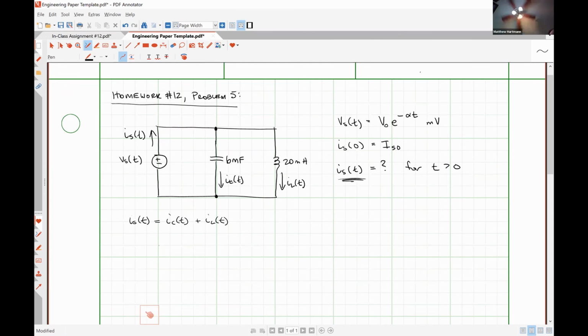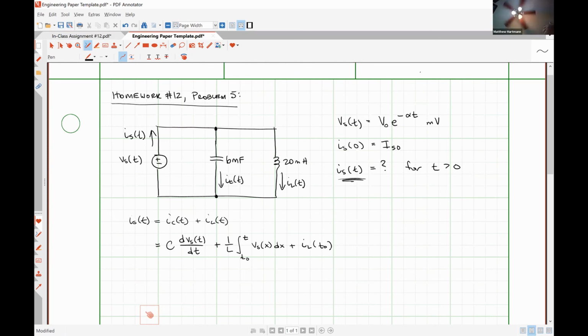So I could say that IC of t is simply C dVs of t by dt, and IL of t is 1 over L integral from t naught to t of Vs of x dx plus IL at t naught.